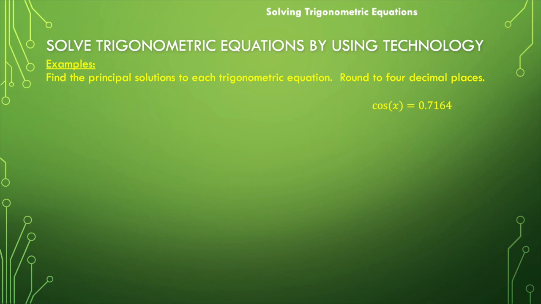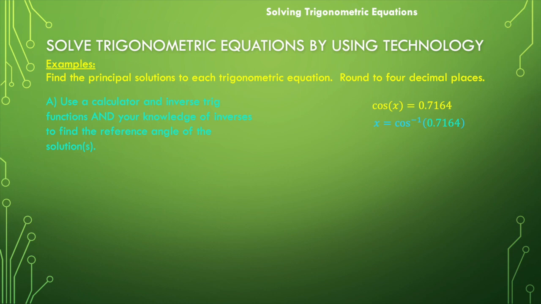The cosine of x is equal to 0.7164. We're going to walk pretty quickly through this one. We're going to take the inverse cosine function, the arc cosine or the cosine inverse of both sides, and we would get x is equal to cosine inverse of 0.7164.